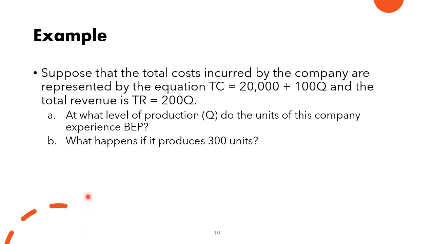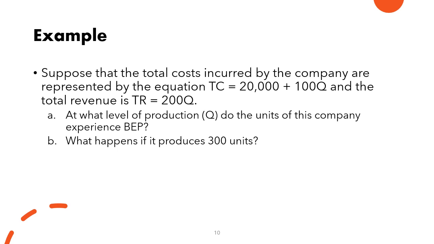Next, suppose that the total costs incurred by the company are represented by the equation TC equals 20,000 plus 100Q, and the total revenue is TR equals 200Q. At what level of production Q does this company experience BEP? And what happens if it produces 300 units?